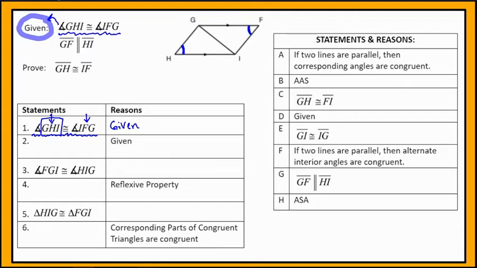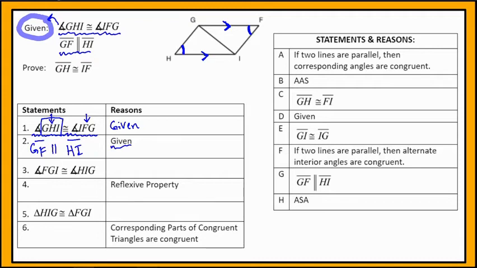Every time you read a statement, please highlight it in the picture. It makes your life way easier. The next given, because I see the word given, is that GF is parallel to HI. To show that, I'm going to make sure that I can see the arrows on GF and HI.